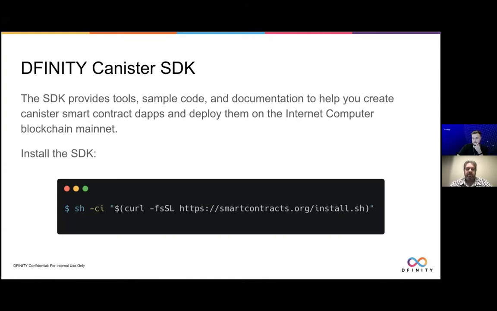You get all the tools that you need to maintain the project and to deploy it. Even after you deploy it, if you need to fill up your canisters with more cycles, or if you need to delete a canister or do some maintenance, you use the SDK for that as well. So it's very core to building and running a dApp on the Internet Computer.